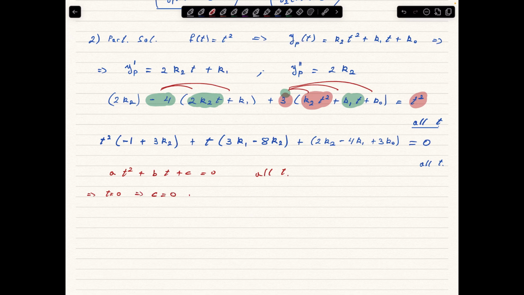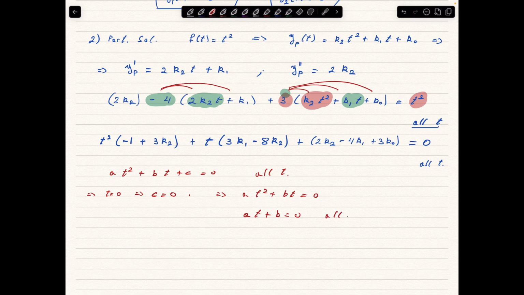If c is 0, then the equation is at squared plus bt equals 0, which means we can divide by t and end up with something of the form at plus b has to be 0 for all t again.